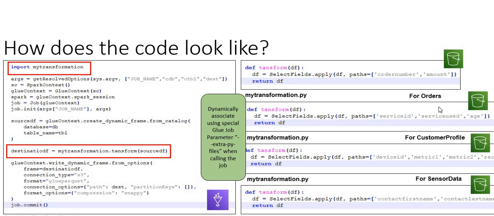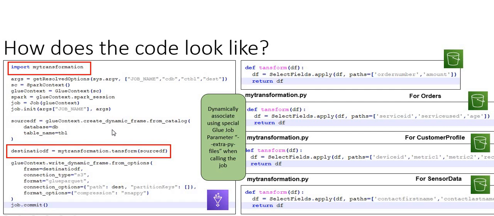So when, for instance, I am ingesting the orders table, I dynamically associate this transformation. And that way, when this method is called, this code will run. Similarly, if I'm ingesting the customer profile table, I'll dynamically associate this transformation to the glue job, and that way, this transformation will run, without changing my glue job code. So that's how it works.